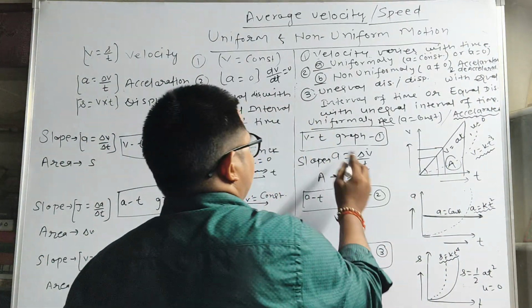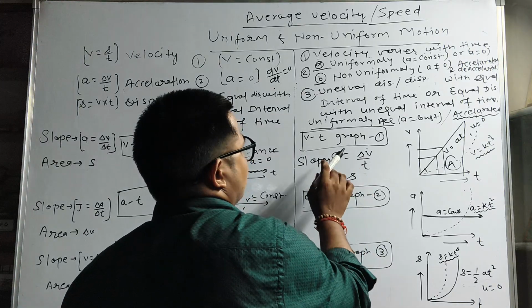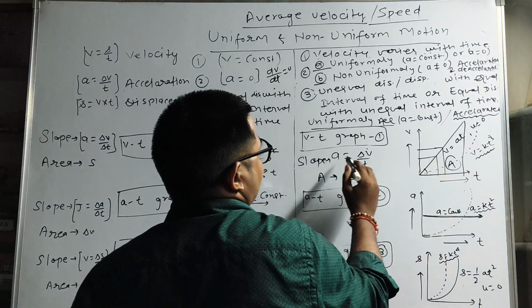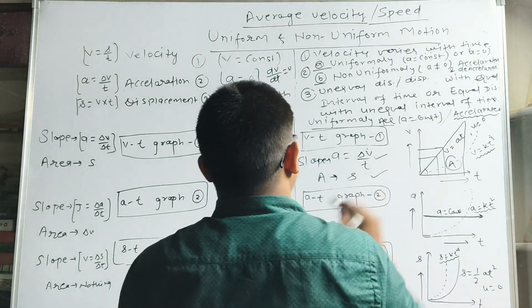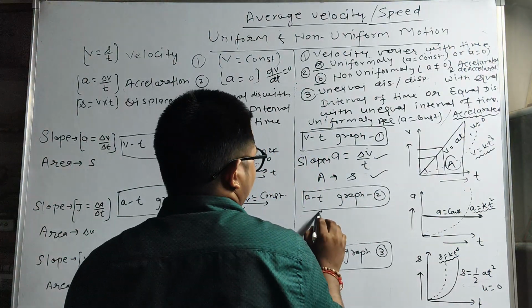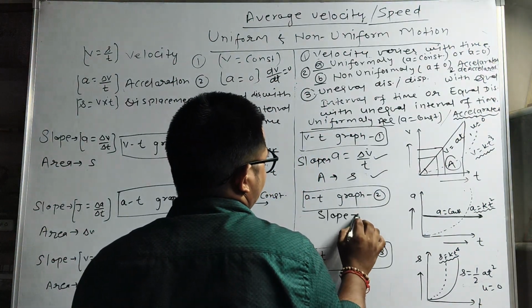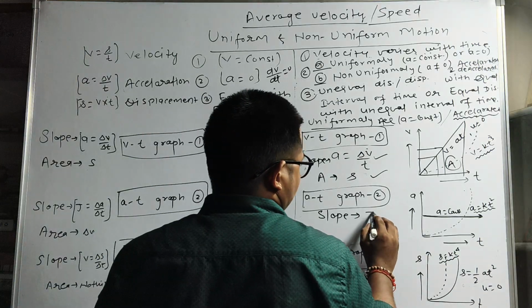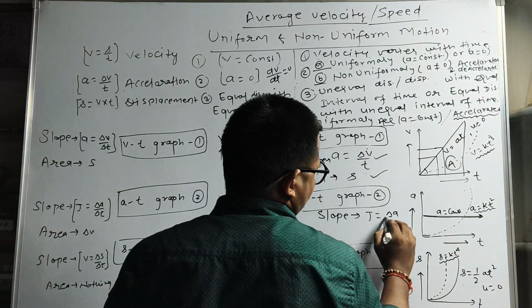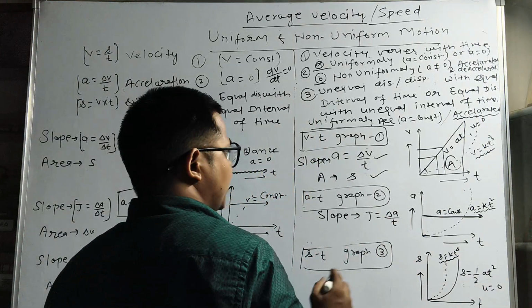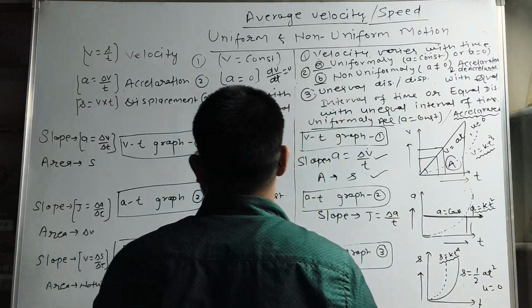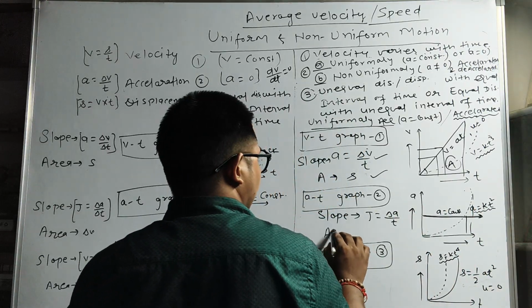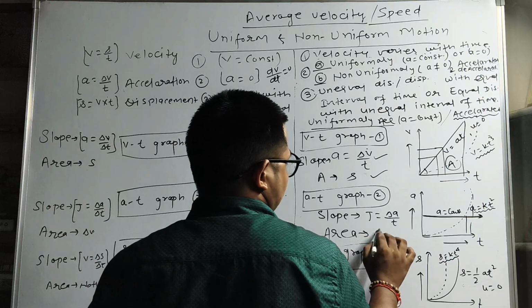In the VT graph, if we find the slope of the curve, we will get the acceleration. If we find the area under the curve, we will get the displacement. In the AT graph, if we find the slope, we will get the jerk, which is nothing but the rate of change of acceleration. And if you find the area under the curve, whether dotted or plain, we will get the change in velocity.